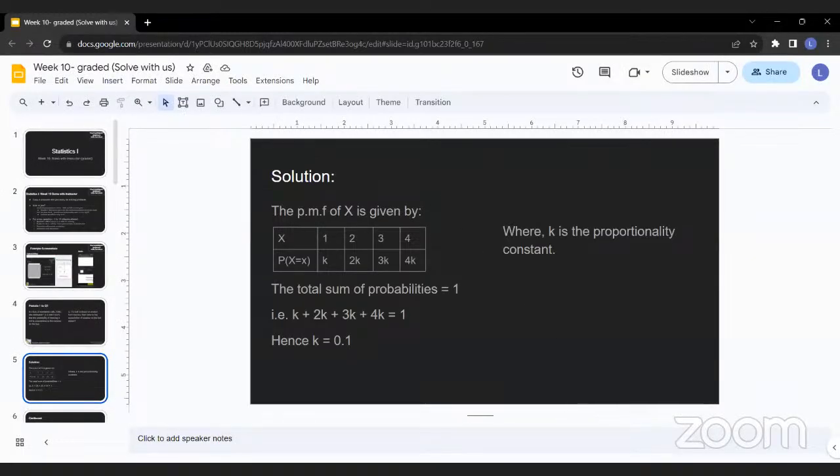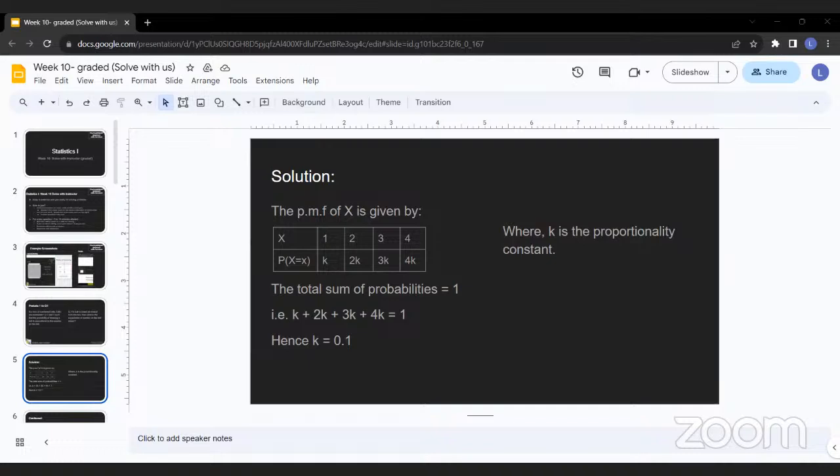To solve this question, we'll first find the PMF of the distribution. Since x can take the values 1, 2, 3, and 4, and the probability of x is proportional to the number on the ball, for 1 it'll be k, then 2k, 3k, and 4k.